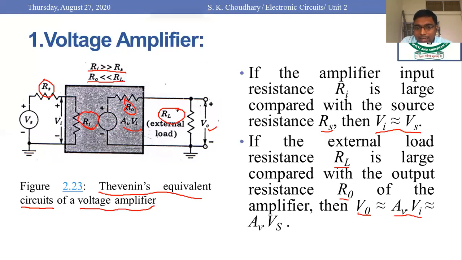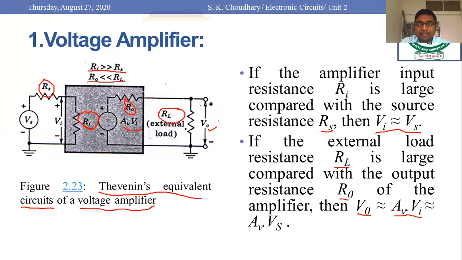If RL is very much larger than R0, then the voltage drop across R0 would again be negligible, similar to the input terminal. So whatever the voltage across this dependent voltage source, that is AVVI, would be directly available to the external load.